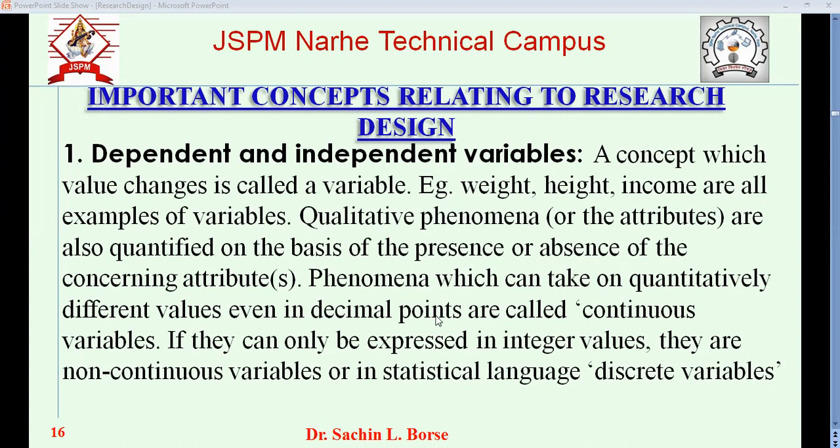What is the meaning of variable? Please understand. A variable is, we can say, a concept whose value changes. Suppose my variable is temperature. It is a concept whose value changes, so temperature is a variable.